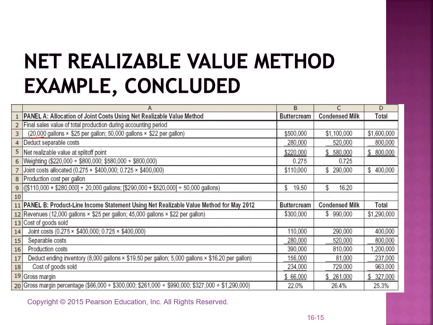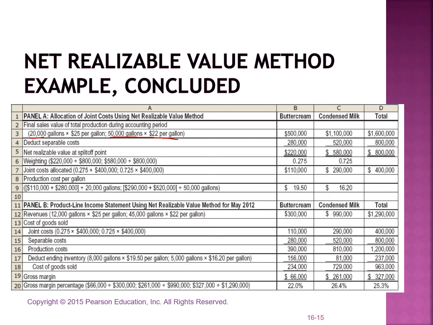I multiplied the 20,000 by $25, which is 500,000, and I multiplied the 50,000 by $22, which is 1,100,000. The total is 1,600,000. We will deduct the separable cost.